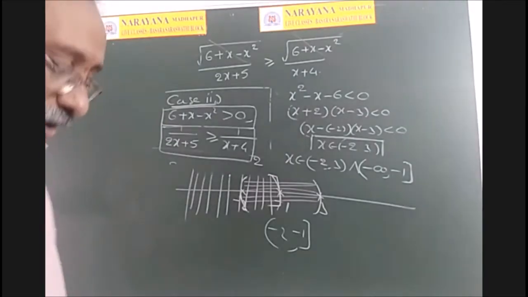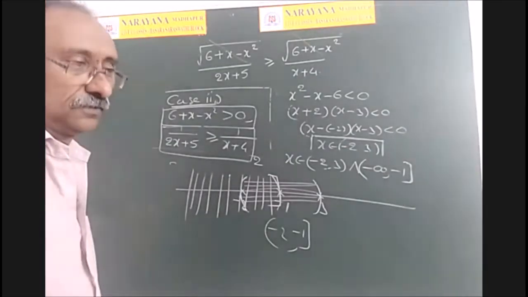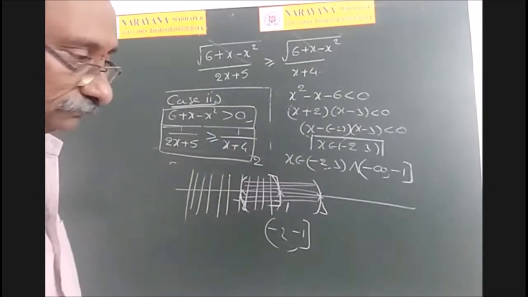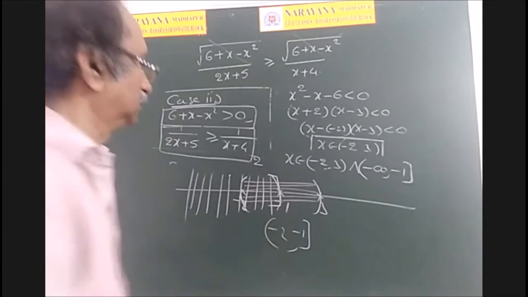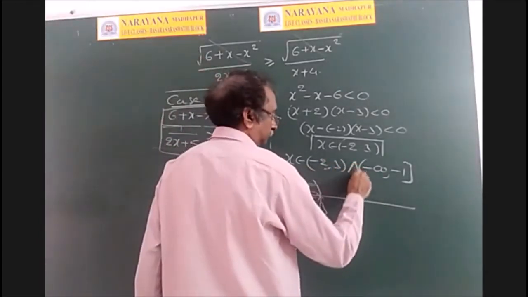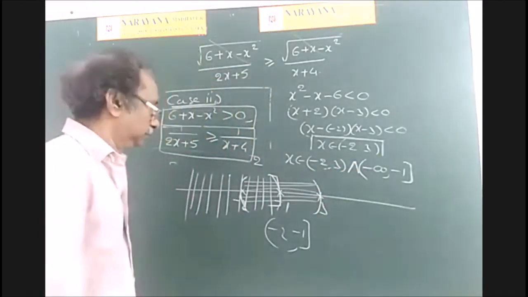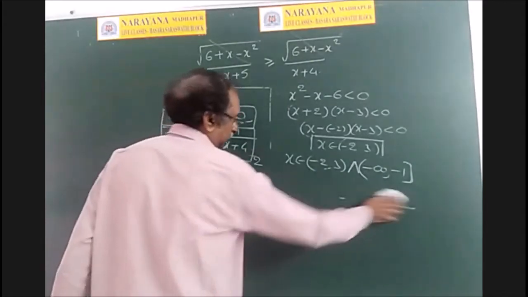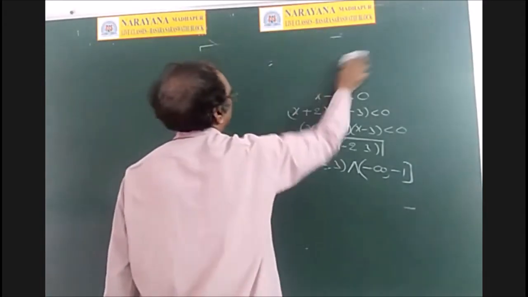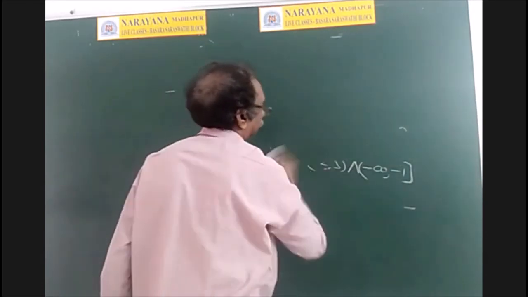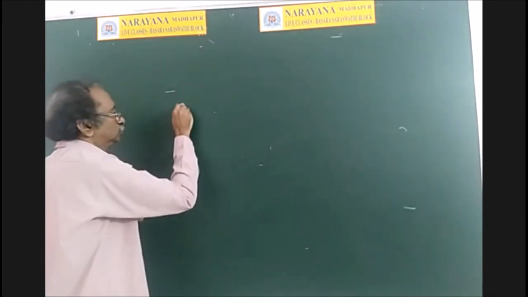Sir, in the fifth line, what is that symbol, sir? This one? Yes, sir. That is called intersection. I will write two examples. In set theory, you will get that. Suppose there are two sets.